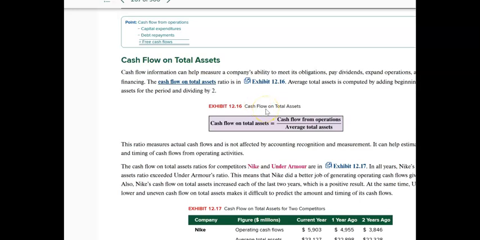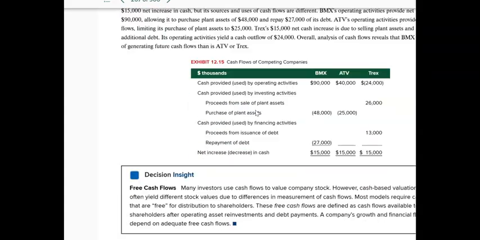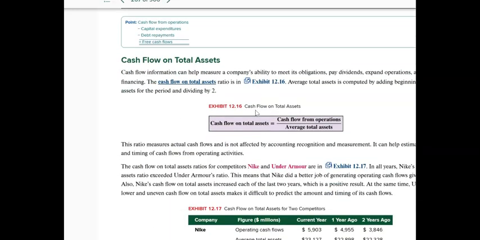So the next problem is asking you to compute the cash flow on total assets ratios. Okay, so if we go back into chapter 12, we can see that shows up. Let's see, what page number is this? On page 473. Okay.